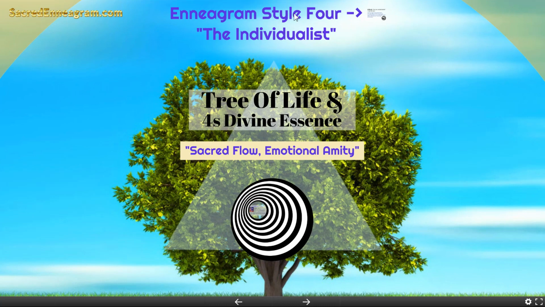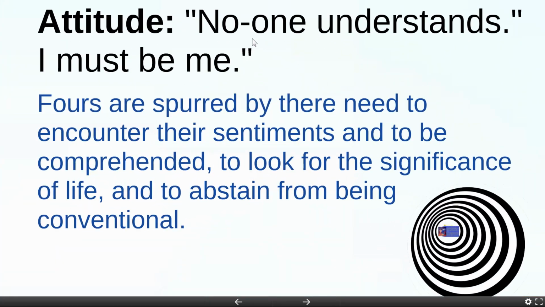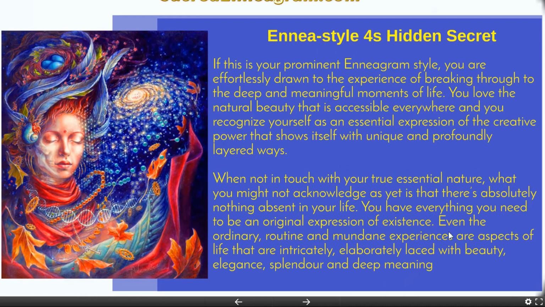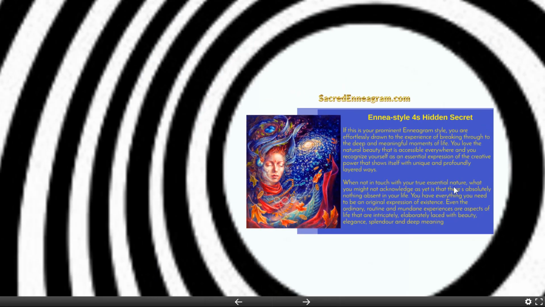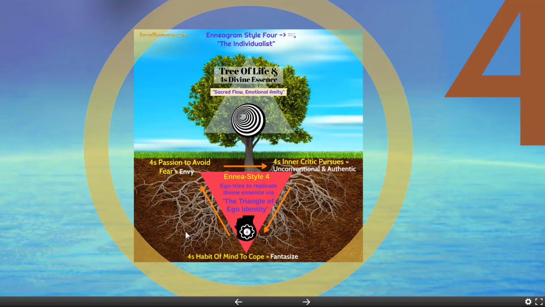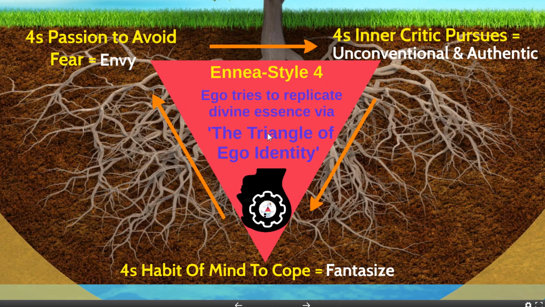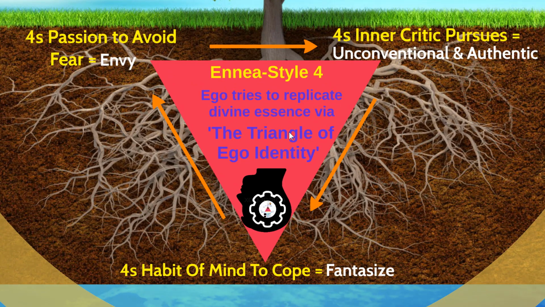Up the top we have the attitude type. And over here is some more information about the attitude, and even more information down here. Zooming back out, and the same with the underground section, where the triangle of ego identity is.